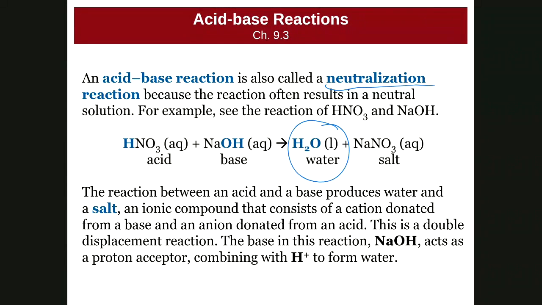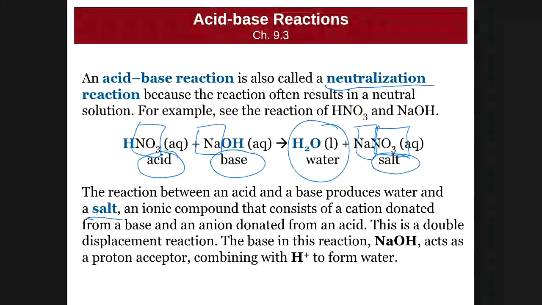All right, so here's an example. We're looking at nitric acid and sodium hydroxide. When nitric acid, which is an acid, reacts with sodium hydroxide, which is a base, we form water and a salt. A salt is just an ionic compound that consists of a cation that came from the base, so our sodium came from our base, and an anion that came from the acid, so our nitrate came from the acid.